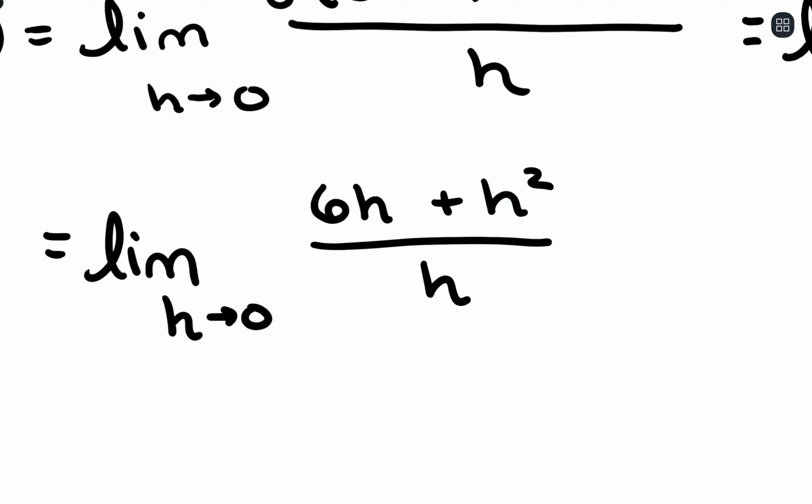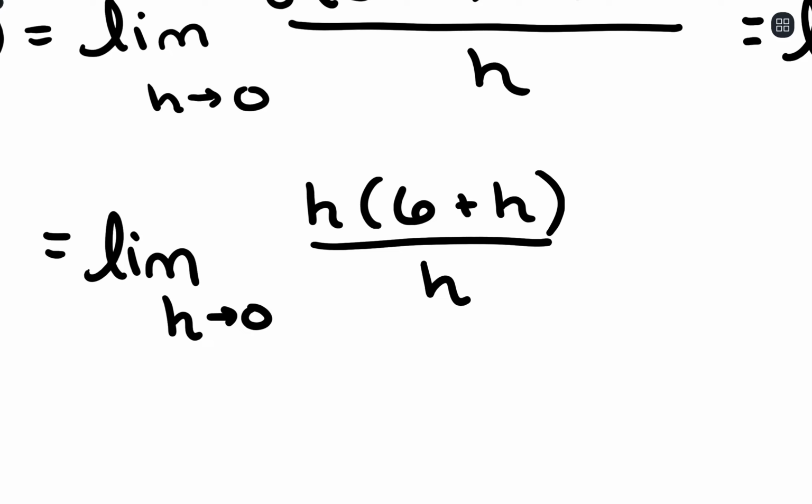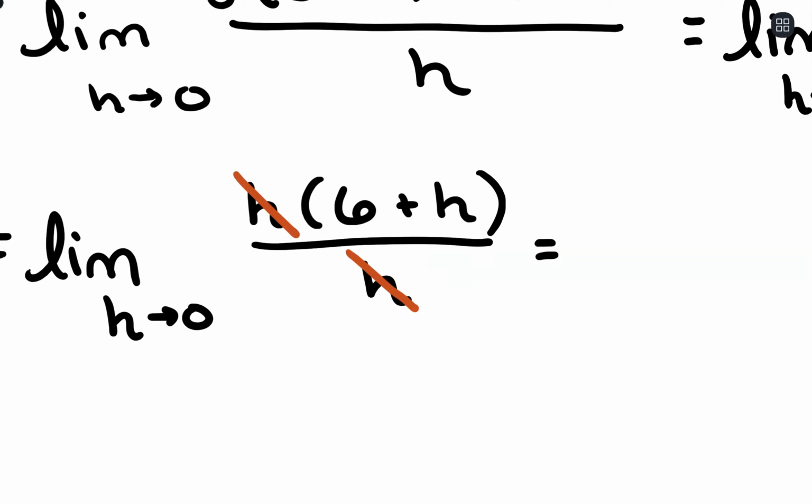If it's helpful, you can factor the numerator so that we have a common factor of h. So I could write that as h times 6 plus h. And then with the cancellation, this can be a little bit clearer in terms of those canceling and just leaving us with the 6 plus h. So a few different ways to go about it, whichever one you're more comfortable with.